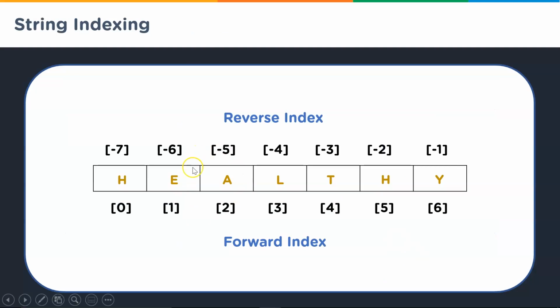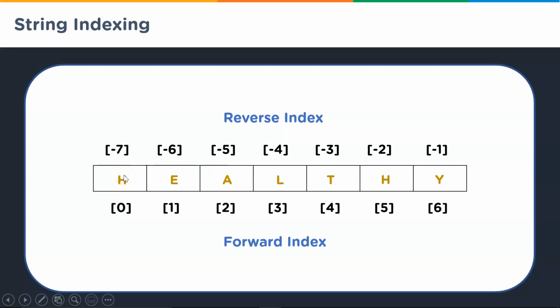Next, we have string indexing. If you want to extract a few characters from your string, you can use the indexing method. In Python, a string starts with the index number 0. So here we have a string which is healthy, and the first element is present at the 0th index. At the bottom you see the forward index, on the top we have the reverse index or the negative indexes.